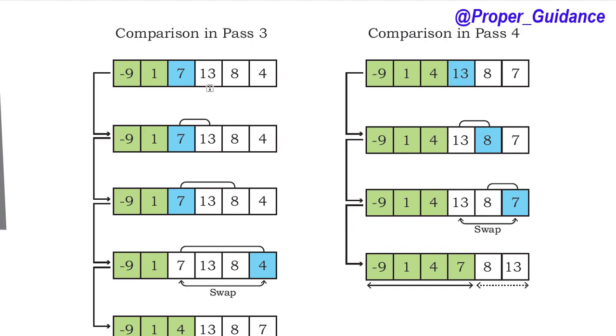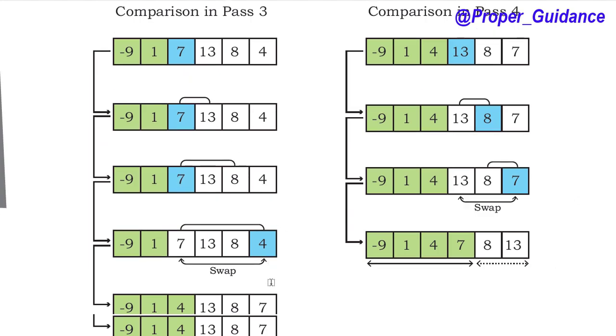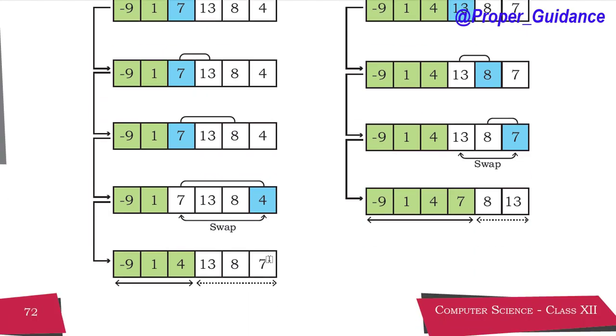Now 7, 13, 7 is smaller, 7, 8, 7, 4, we will get 4 as the smallest one in this particular list. So swap them, and 4 is again in the leftmost part of the particular section, and we will now get 3 green boxes. This part is fixed here.